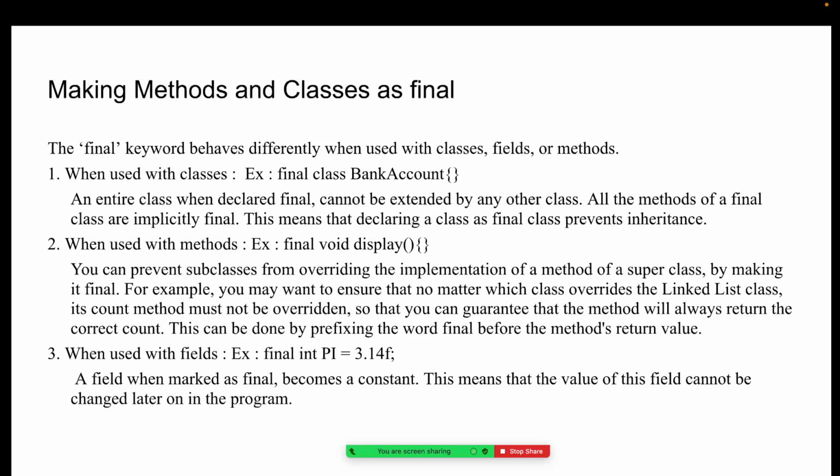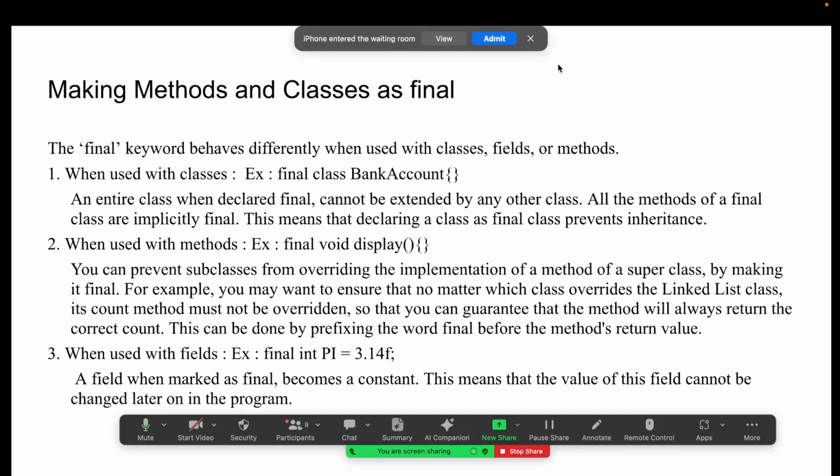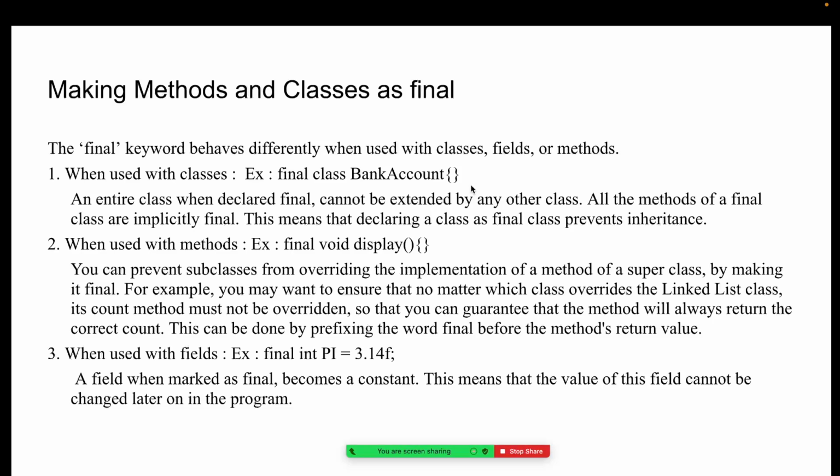So you cannot inherit that particular class. It cannot be extended by any other class. Got it? An entire class when declared final cannot be extended by any other class. All the methods of a final class are implicitly final. So declaring a class as final prevents inheritance. Your child class cannot extend any final class. Inheritance is not allowed when a class is declared final.